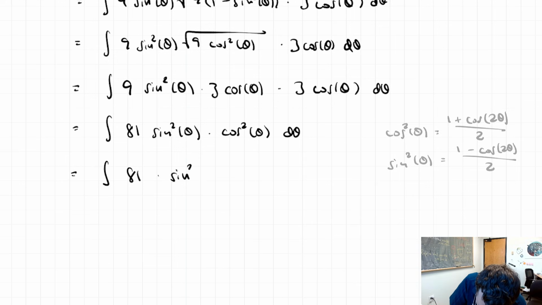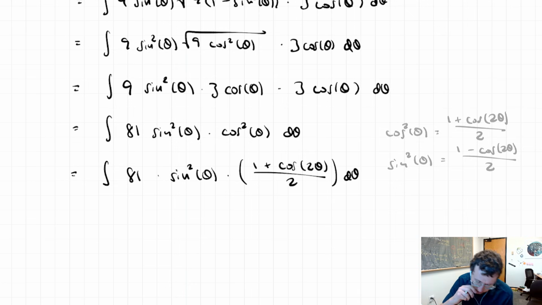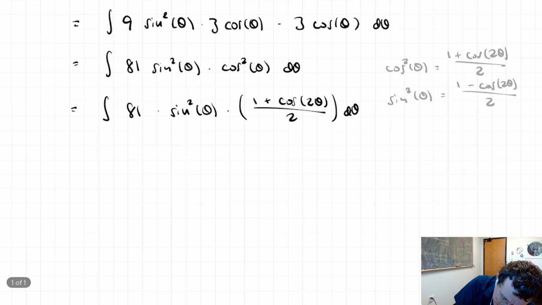So I have my sine squared theta, and then my cosine squared I'm going to replace with 1 plus cosine of 2 theta over 2. I'm debating whether I've actually gone about this in the most efficient way. I don't think there's a better way.